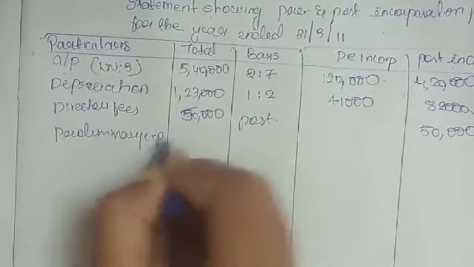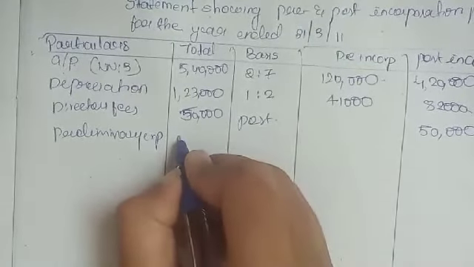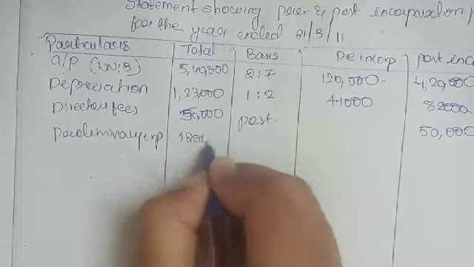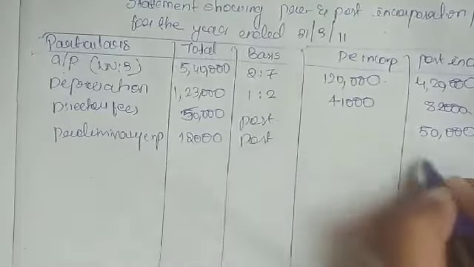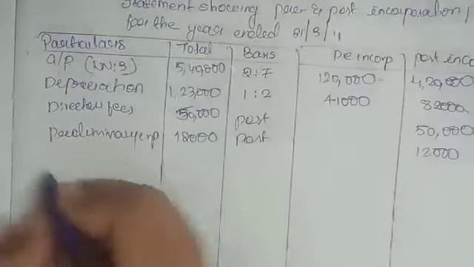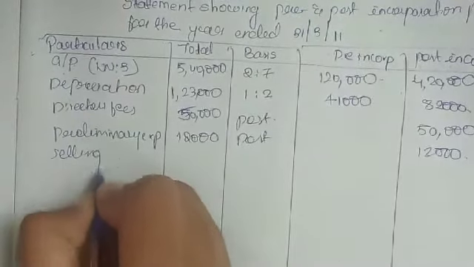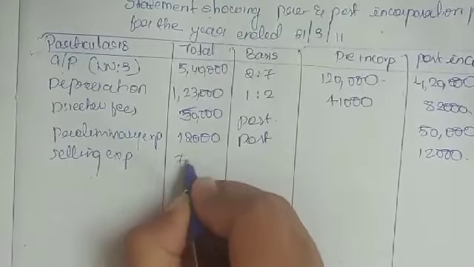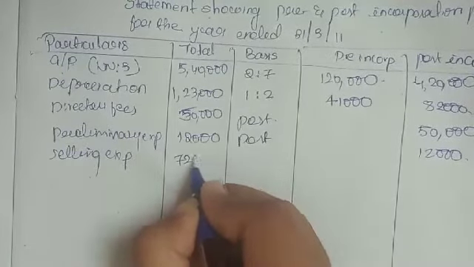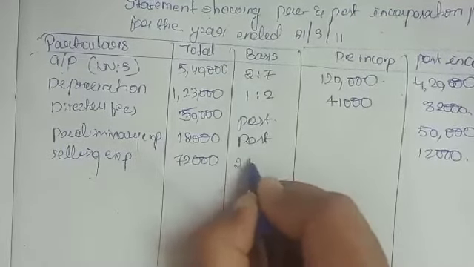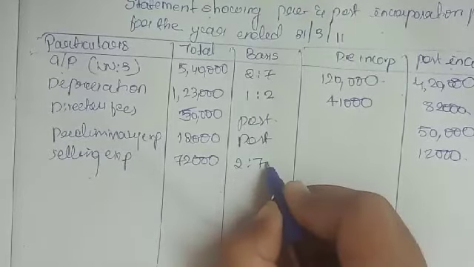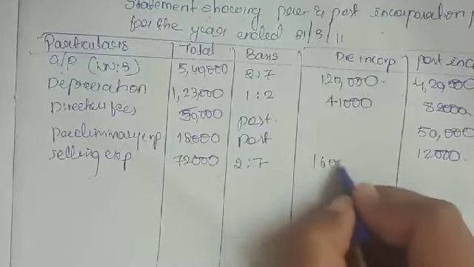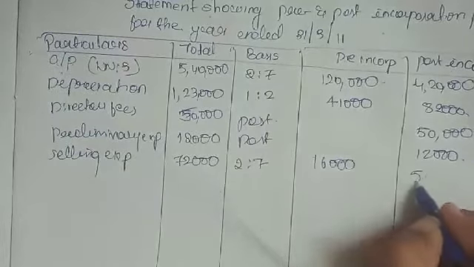This expense is also related totally to the company, so it will be post only, 12,000. Next, selling expenses. Selling expenses will always be on the basis of the sales ratio. Total is 72,000, on a 2 is to 7 basis. You get 16,000 and 56,000.